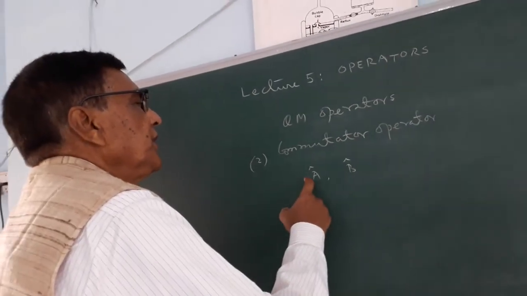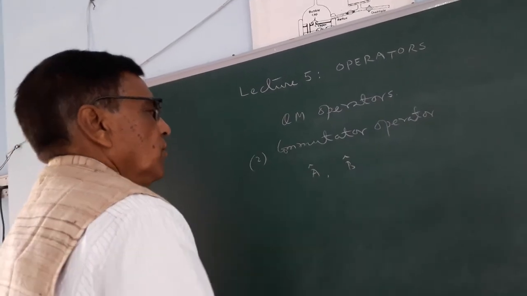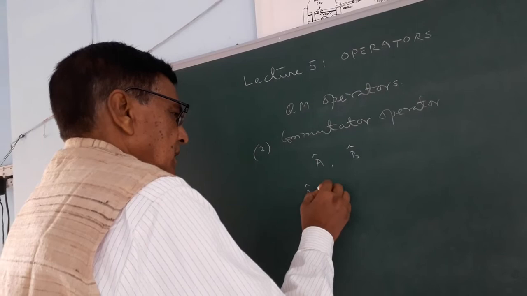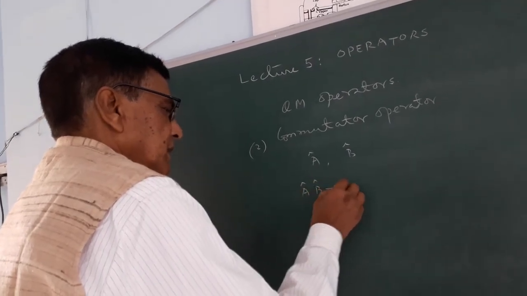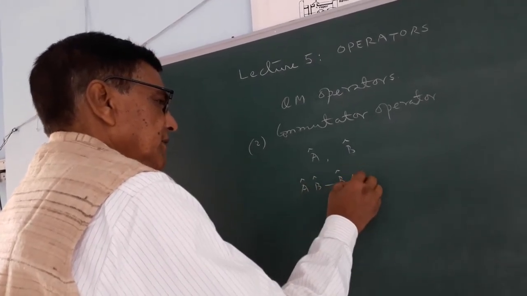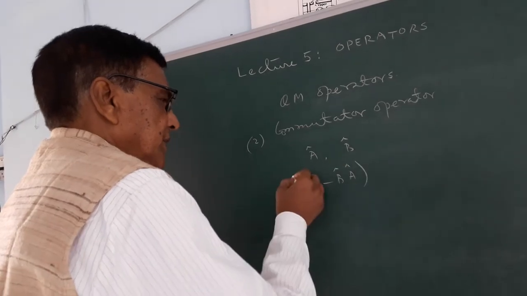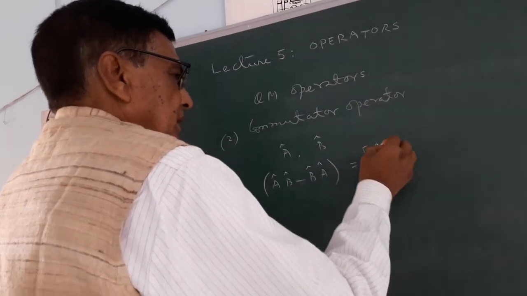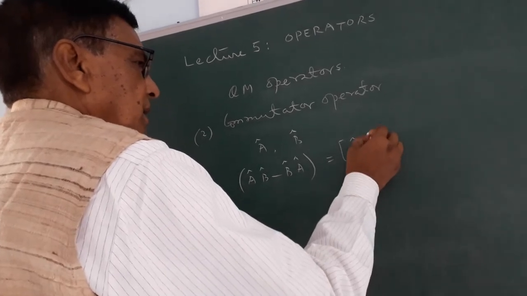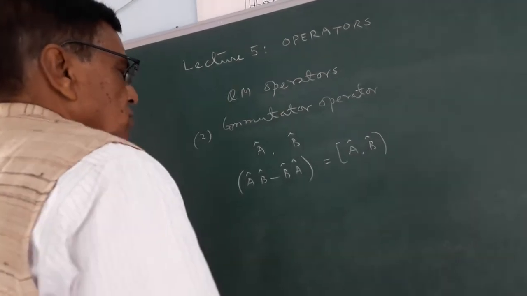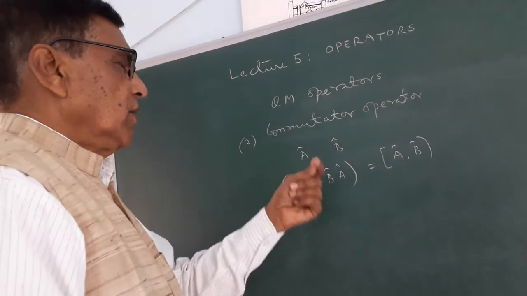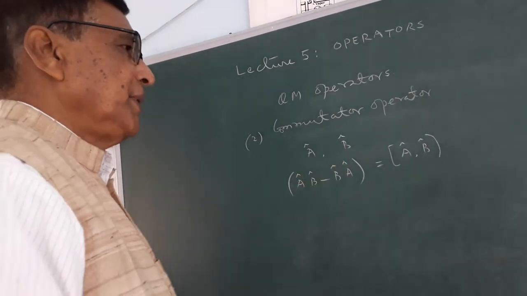Then the commutator of these two operators is A cap B cap minus B cap A cap, or in short we write in square brackets [A cap, B cap]. So this is the commutator operator of A cap and B cap.